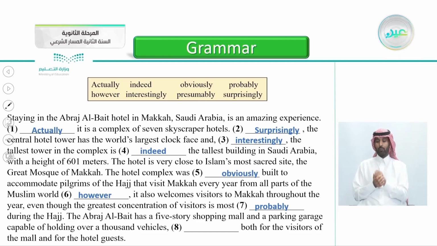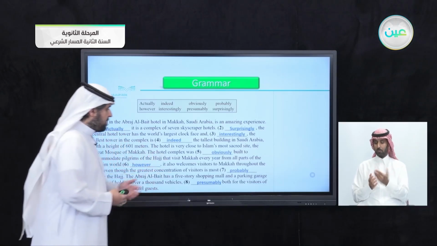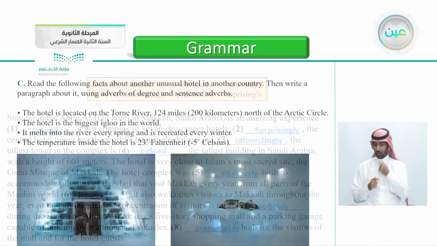Number 8, both for visitors of the mall and for the hotel guests. So number 8 is obviously what? Yes, presumably both for the visitors of the mall and for the hotel guests. So presumably, something that you assume.